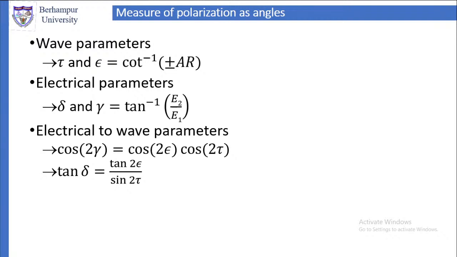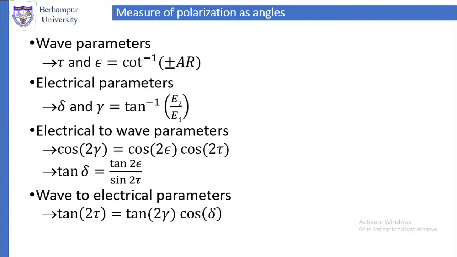So this is electrical to wave parameter conversion. Similarly, wave to electrical parameter conversion is: tan 2 tau is equal to tan 2 gamma into cos delta, and sin 2 epsilon is equal to sin 2 gamma into sin delta.